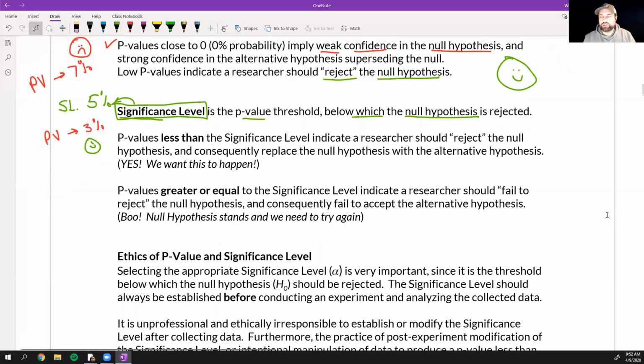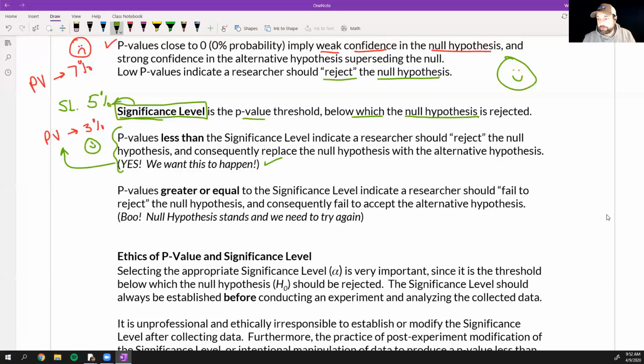So everything that I just explained is outlined here. P-values less than the significance level, that's this situation right here, indicate that we should reject the null hypothesis and replace it with our alternative hypothesis. Yes, we want that to happen.